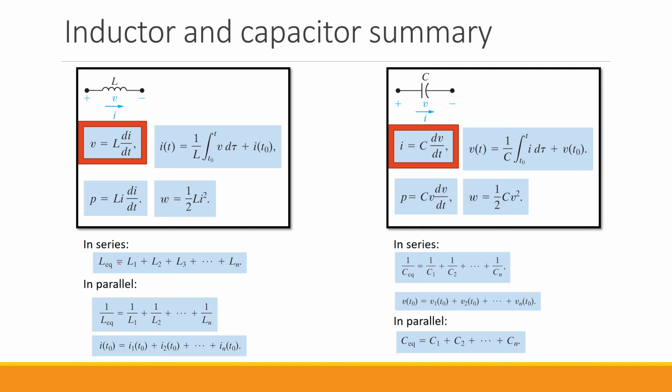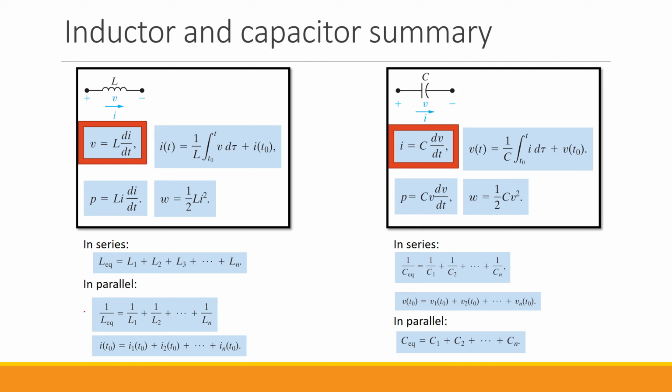Whenever we want to connect inductors in series, we have to make sure that the initial currents of the inductors are exactly the same for all of them. Because based on this equation, we cannot have a sudden change in the current of the inductor, because that means we need to have an infinite amount of voltage.